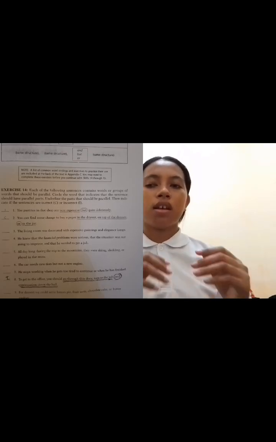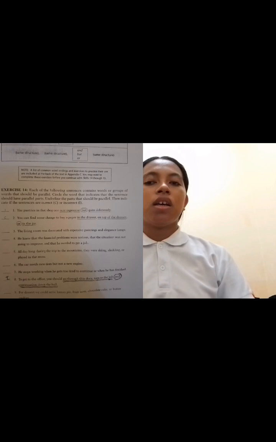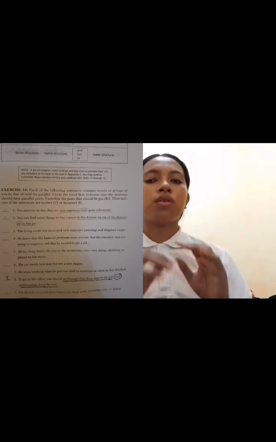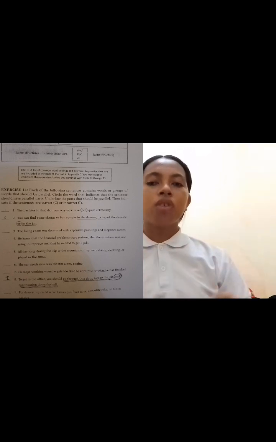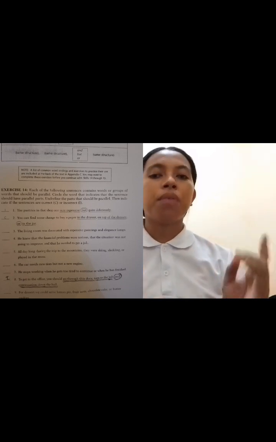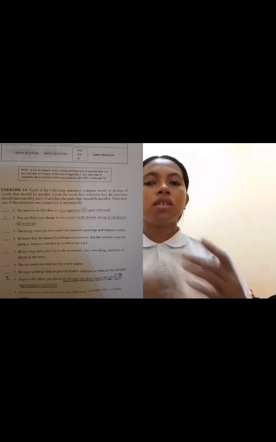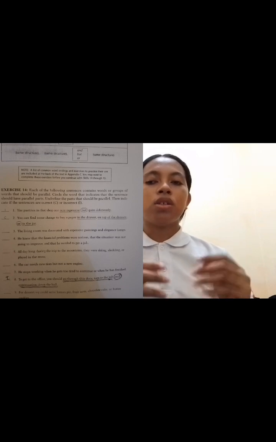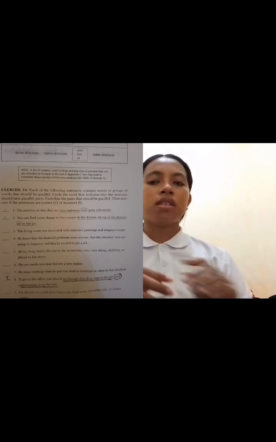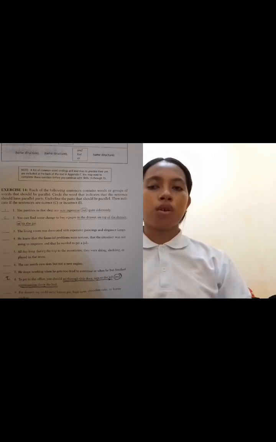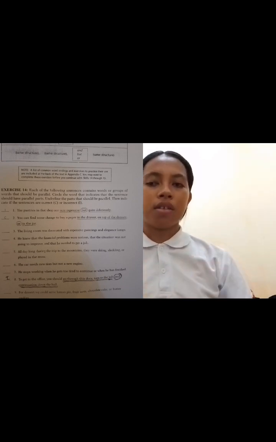Exercise 14. Each of the following sentences contains words or groups of words that should be parallel. Circle the word or words that indicate that a sentence should have parallel parts.